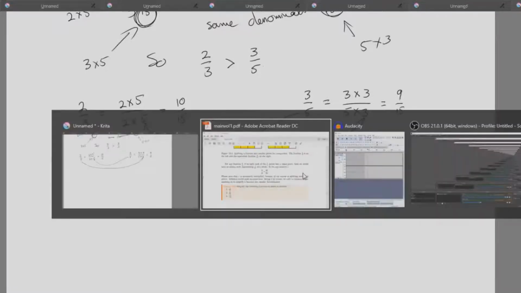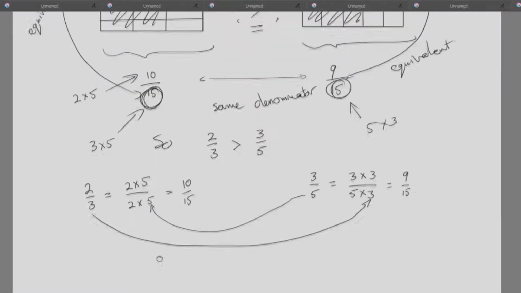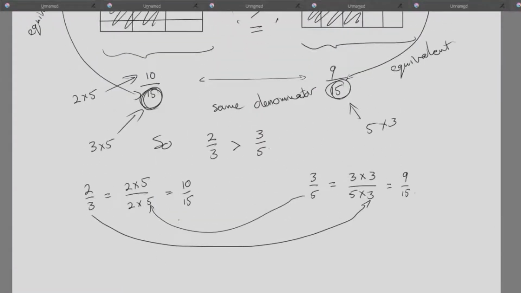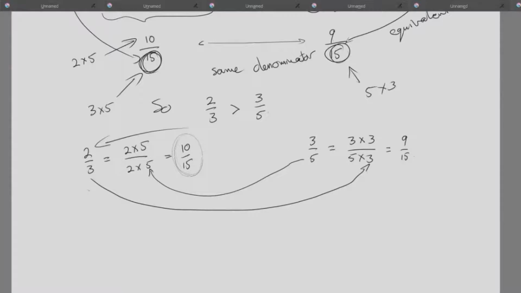So let's do some exercises here. Simplify the following fractions as much as possible. So what does that mean? Well, if you now think of it backwards, if you give me the fraction 10/15, I can factor these numbers and work backwards to simplify it to 2/3, and I can't do it anymore.